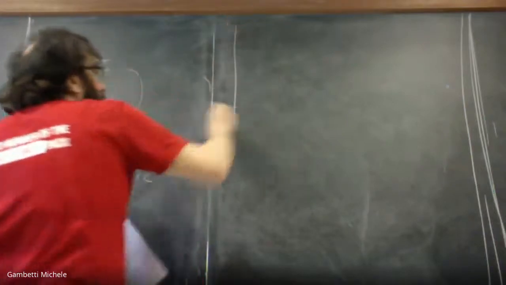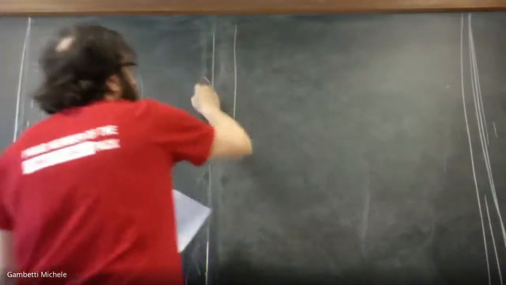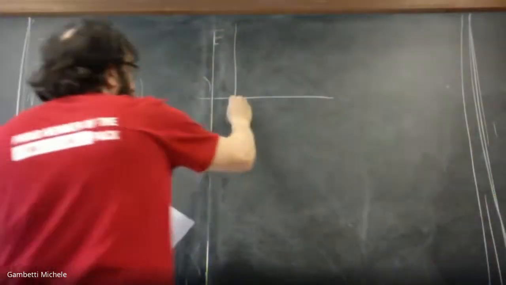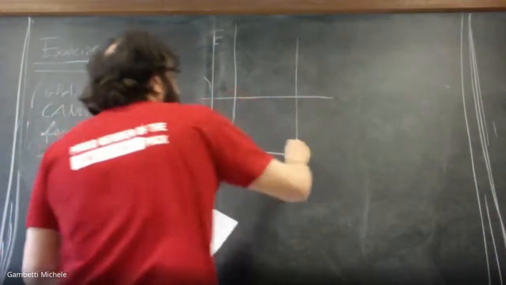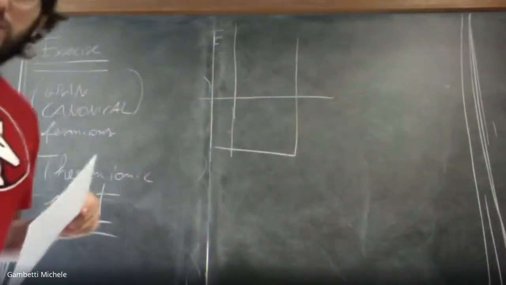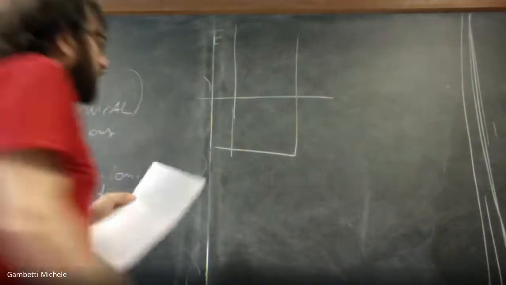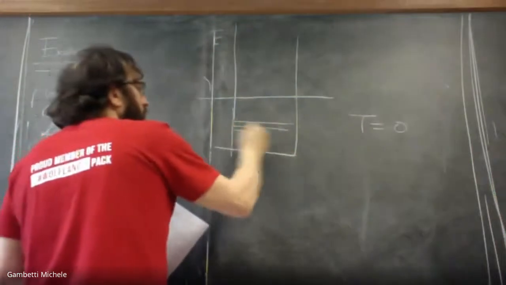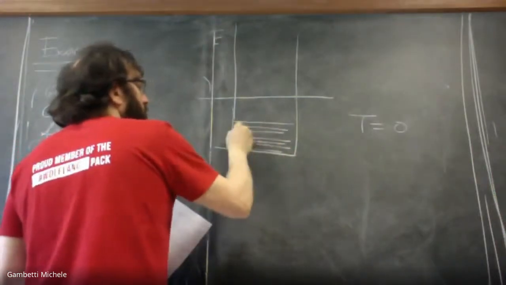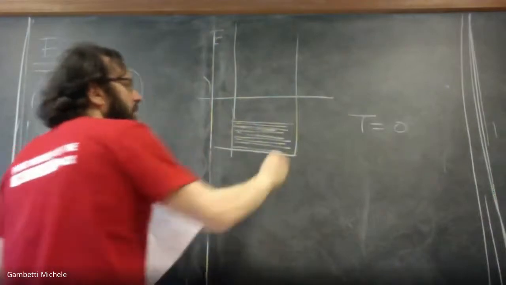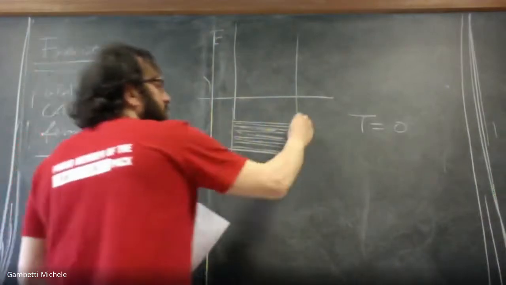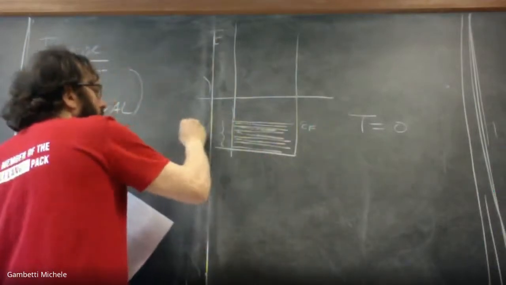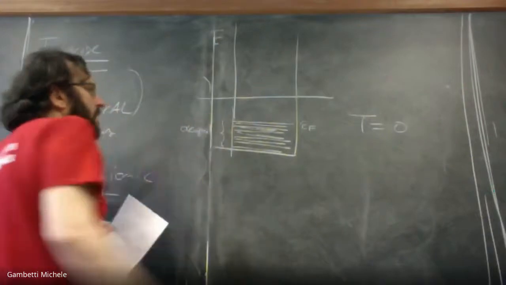So first of all, let's consider here the energy of the electrons. This is a picture that is typical from solid state physics, so you might have seen it before. Suppose that we are at t equals 0, and we have the electrons occupying all the levels up to the Fermi energy. So these are all occupied levels.